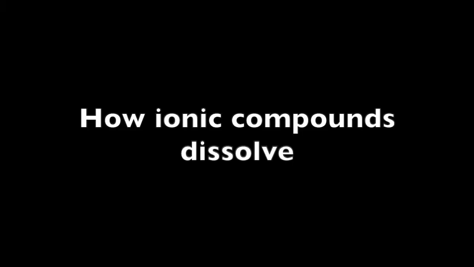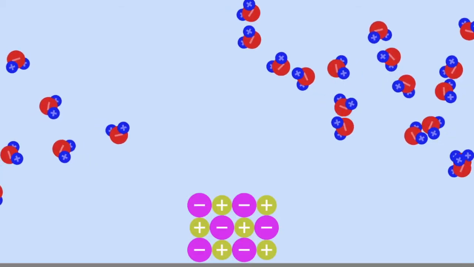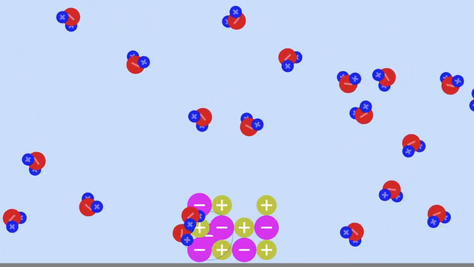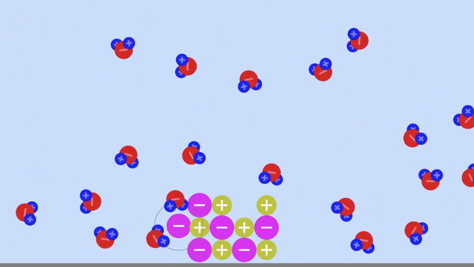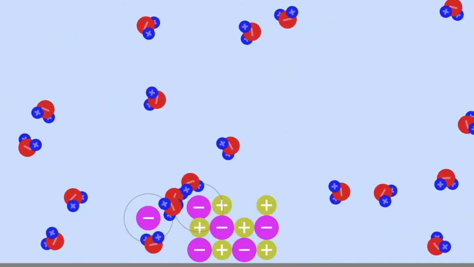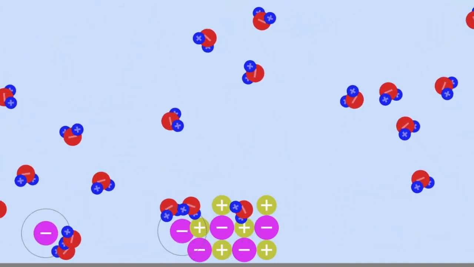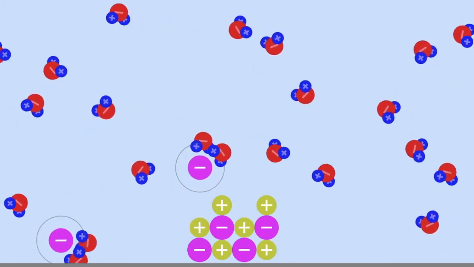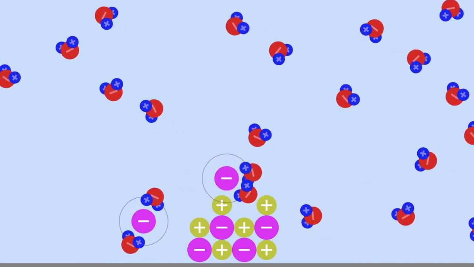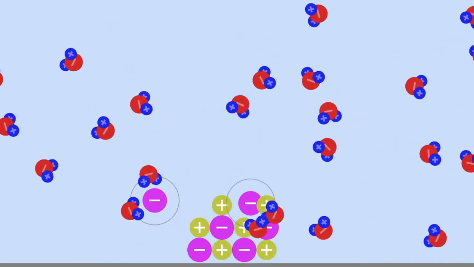Now let's talk about how ionic compounds like salts dissolve in water. Water molecules move around with a lot of kinetic energy, and the partial negative charge of the oxygen on the water molecules is attracted to the positively charged ions in the ionic crystal lattice. Likewise, the partial positive charges on the hydrogen atoms in the water molecule are attracted to the negative ions in the ionic crystal lattice.